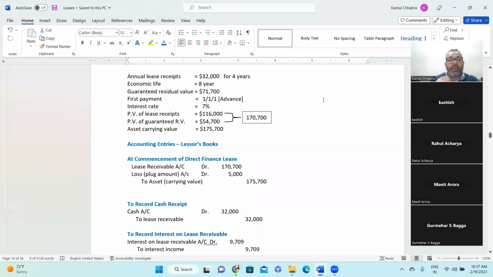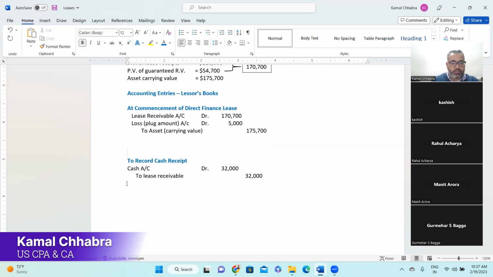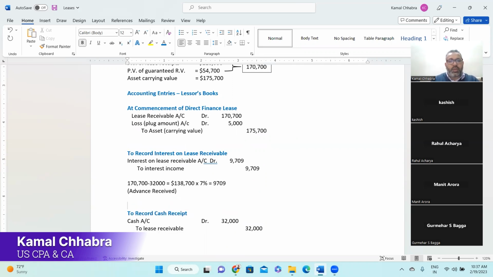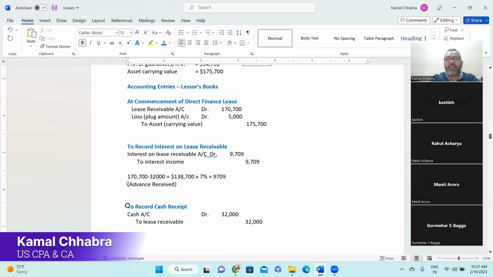Then, when you are booking the interest, this entry should come first. So first, you will be recording the interest on lease receivable. Total lease receivable is 170,700, right? And in the question they have given you, the first payment is made in advance, right? So if you have already received 32,000 in advance, then you will not be charging interest on that.